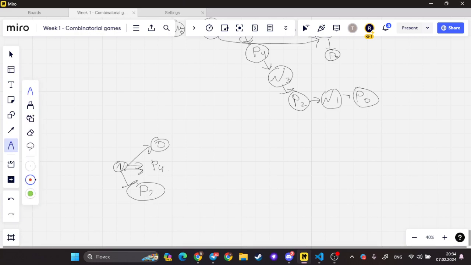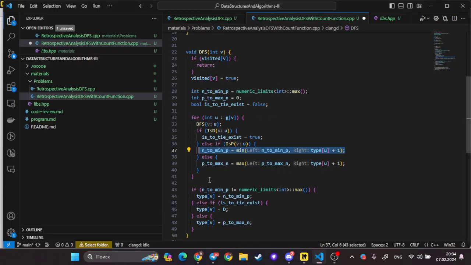That's why we need to store all these values, and we need to minimize the count of steps of the first player.